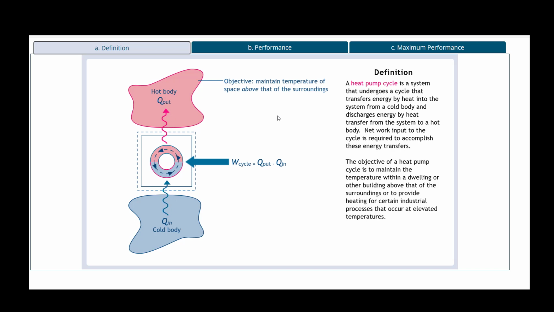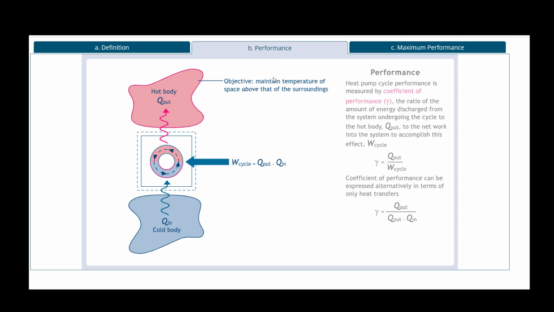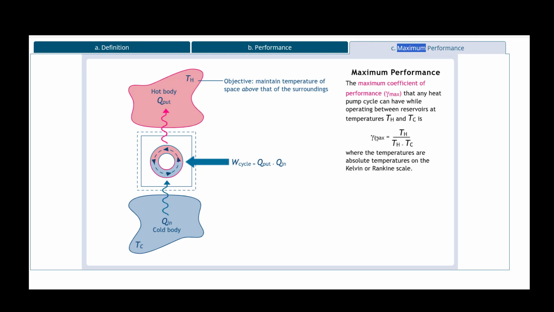Net work input is required to accomplish this, right? So you can think of this kind of like the refrigeration. We'll get into the differences when we start actually working these, but this is another type of it. So again, we have that performance as well, but it's denoted by this coefficient of performance γ. And then again, you have that max as well.